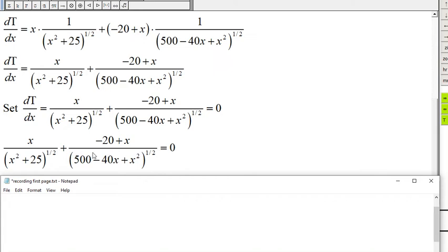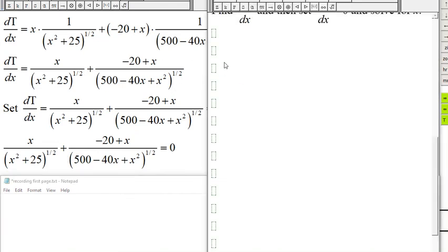And recall that if we have a over b plus c over d, then we can just cross multiply.